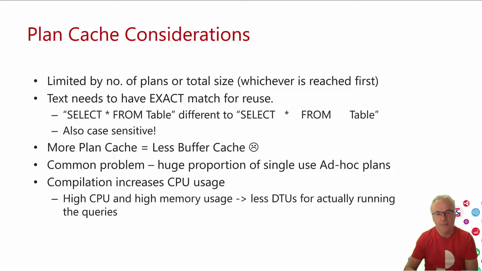And when we don't have a plan that we can reuse, the query cost in CPU terms of having to compile or recompile that query, again, can lead to performance degradation. So when we see the high CPU from compilations and the high memory usage from plan cache bloating, it means that there's less DTUs available for actually running the queries.